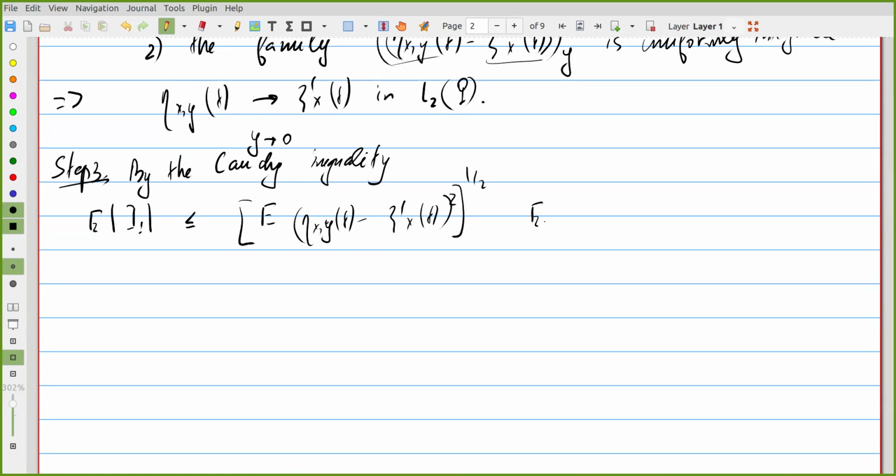And what is left: the integral from 0 to 1 du of g xy t u, everything squared, to the power 1/2.